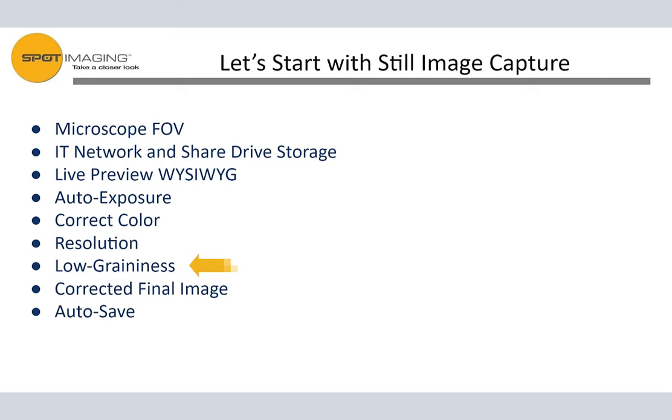Next thing is corrected final image. I'm sure most of you are aware of and have seen in the past where you look at an image, then you start to look at it a little bit more and you realize, hey, the corners on my image are kind of dark and they're tapering off. And this is actually quite common in most camera captured microscope images.